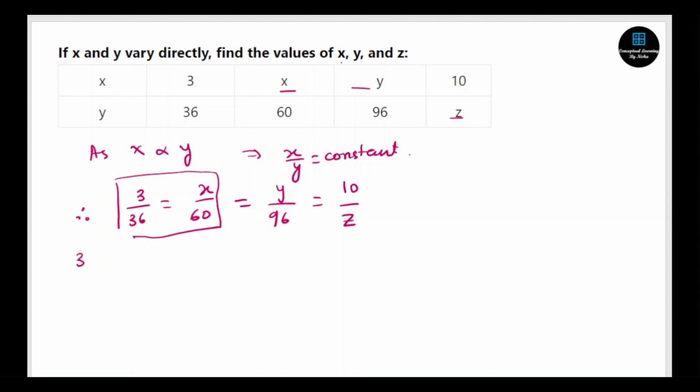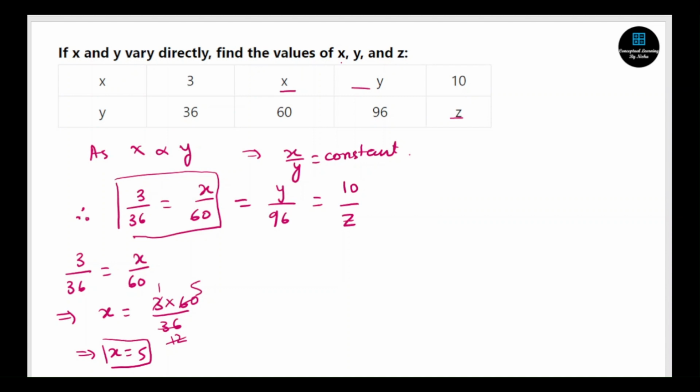So if I just take 3 upon 36 equals x upon 60, now what do I get for x? So x equals 3 into 60 upon 36. Now I can cancel this out, correct? And I'll get 5. So x equals 5, correct?